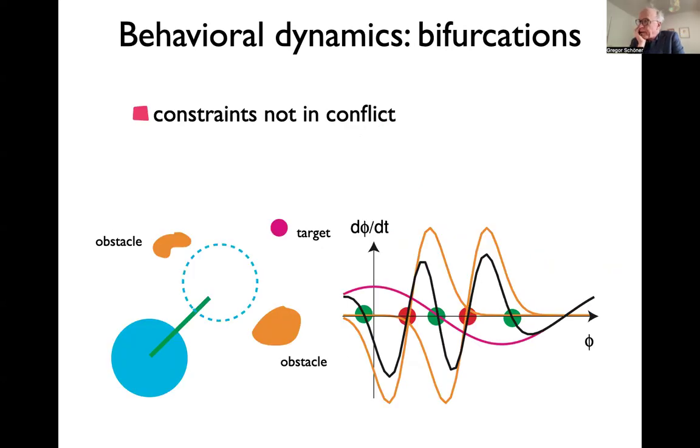So I showed this one case, and now I'm taking the more realistic case, where we're going for obstacle avoidance through a bifurcation. This would be the case where there are two obstacle contributions here in orange that are not in conflict with the target and not with each other.